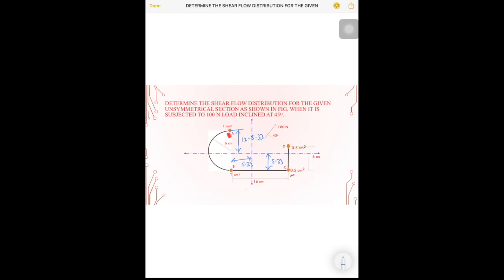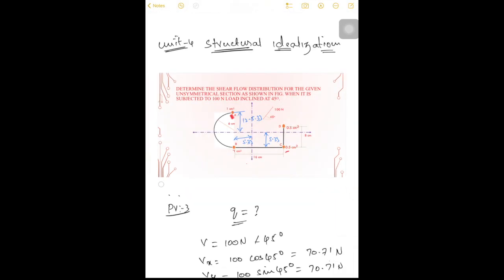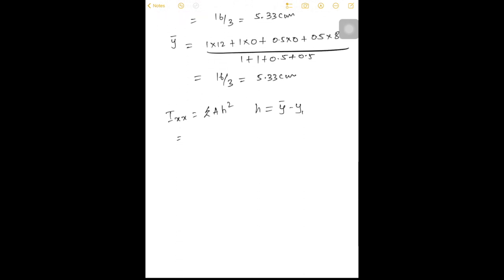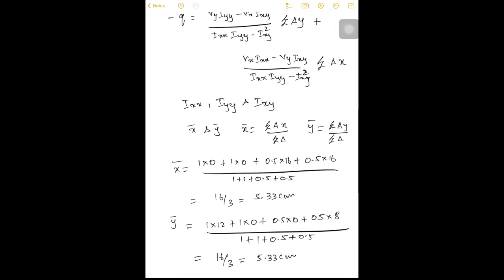This is the distance from the neutral axis to the point A. That is, area is 1 into 12 minus 5.33.